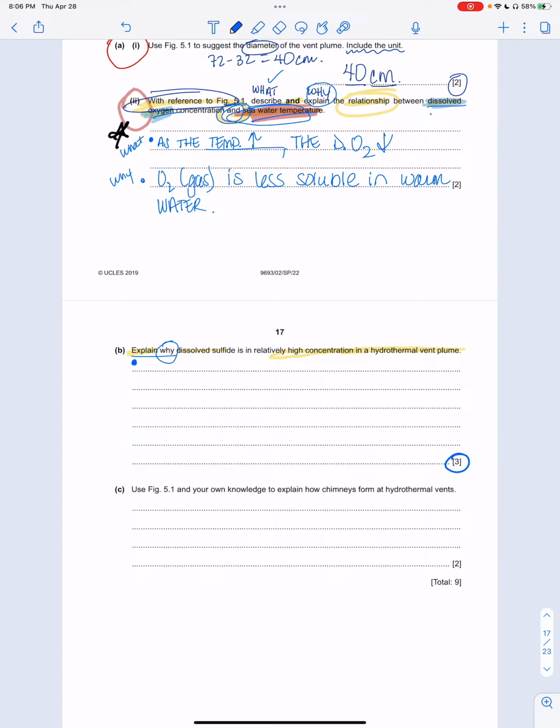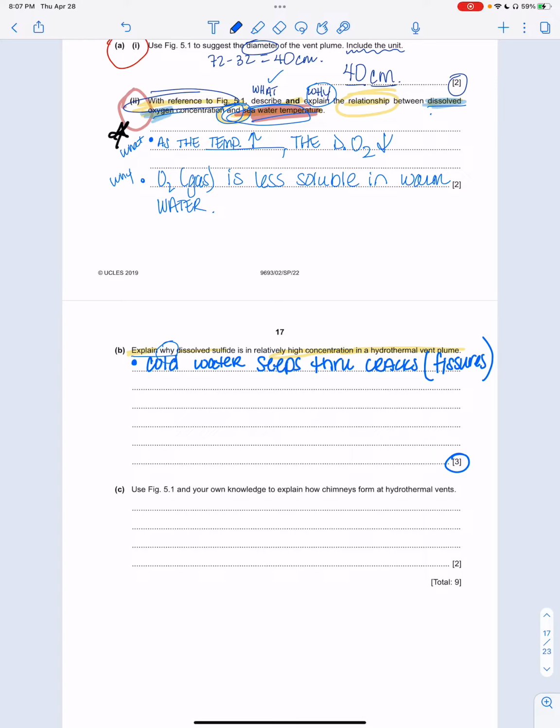But I'm going to reference specifically the sulfide. This year they're calling it fissures. That's fun.